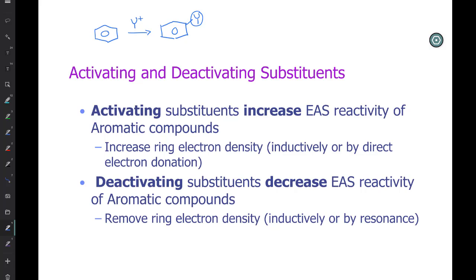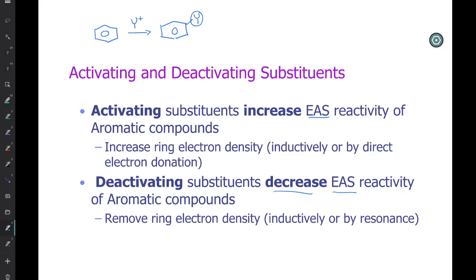Now, there's also a secondarily important point about these activating and deactivating substituents: they control where the next substituent ends up on the ring. Okay, so activating substituents increase electrophilic aromatic substitution, and deactivating substituents decrease the electrophilic aromatic substitution of aromatic compounds.